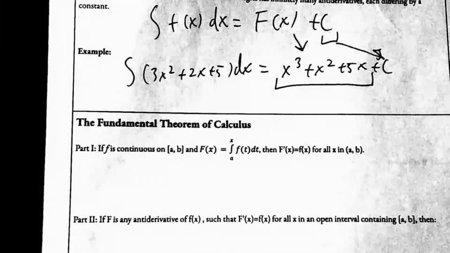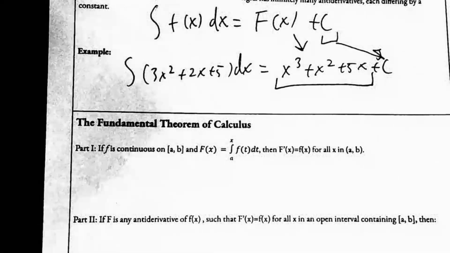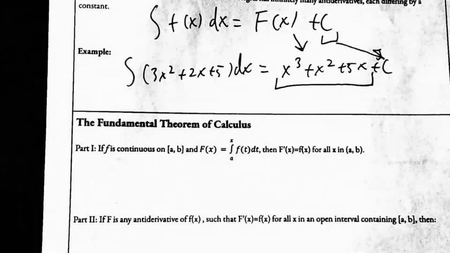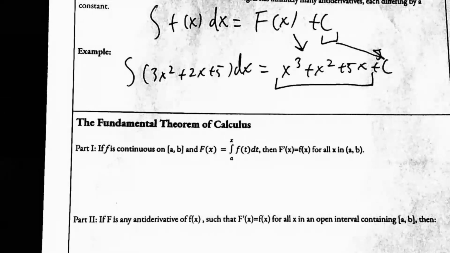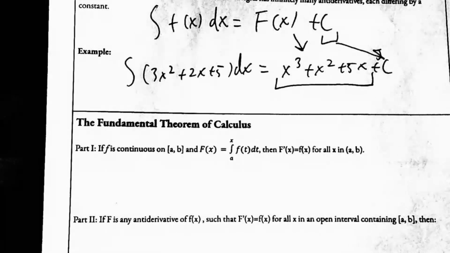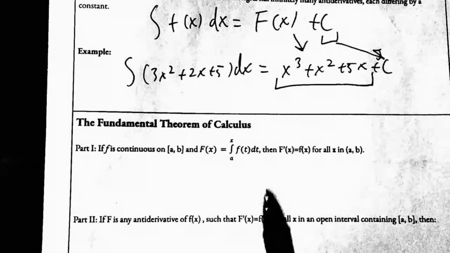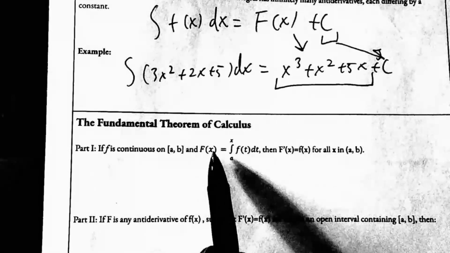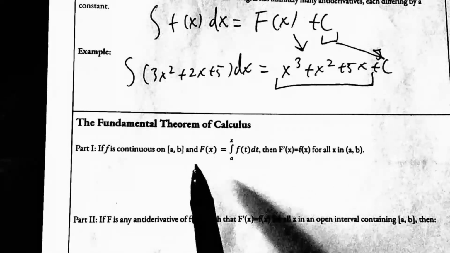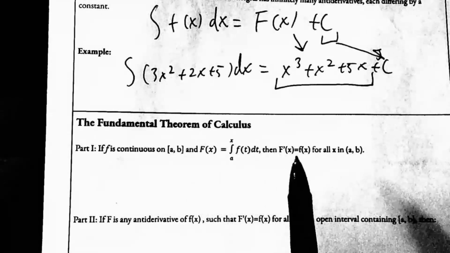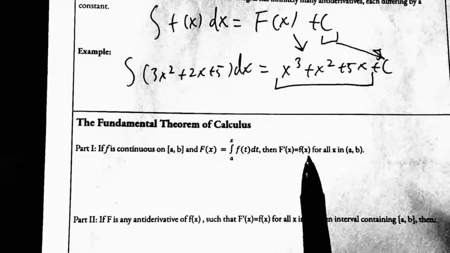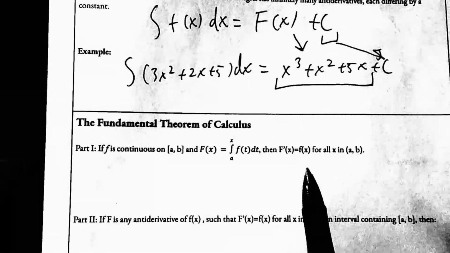Okay, fundamental theorem of calculus. So, if f is continuous on a to b, and the antiderivative is equal to the integral from a to x of f of t dt, then the derivative of the antiderivative is the original function with x in it, for all x from a to b.